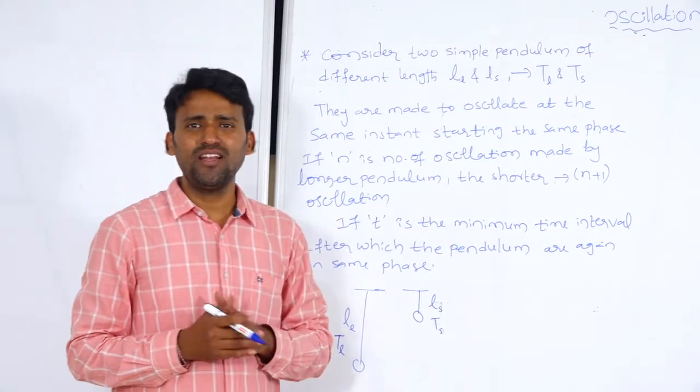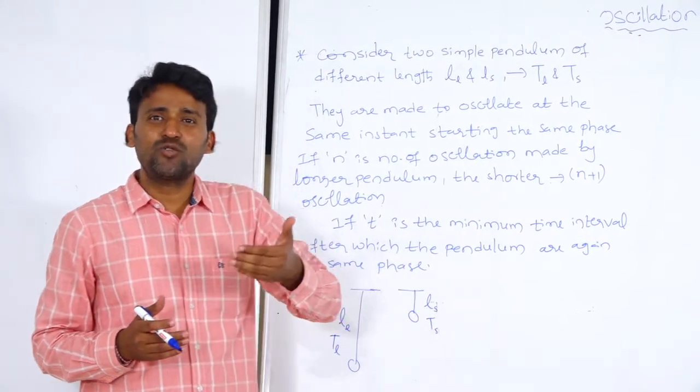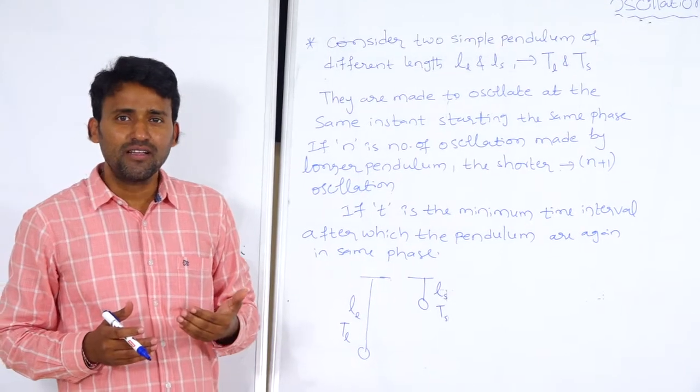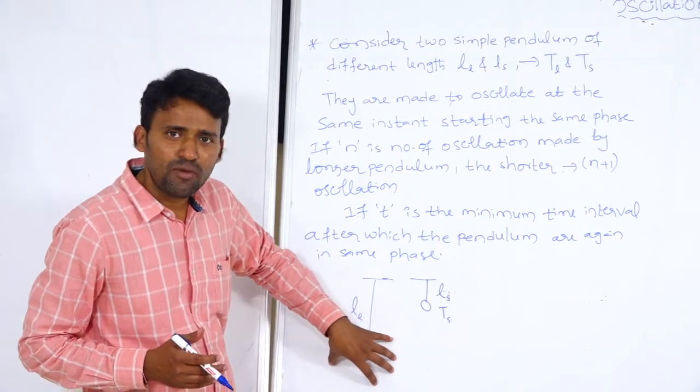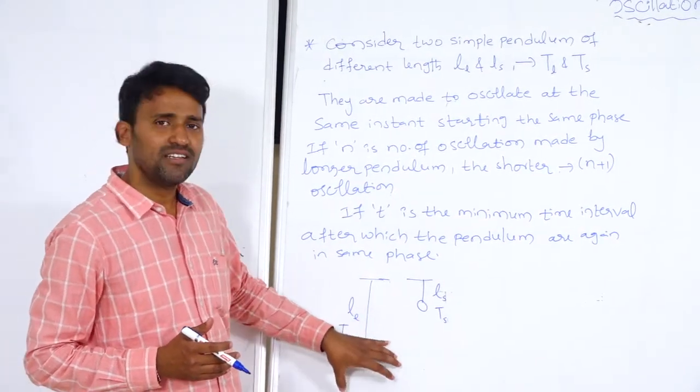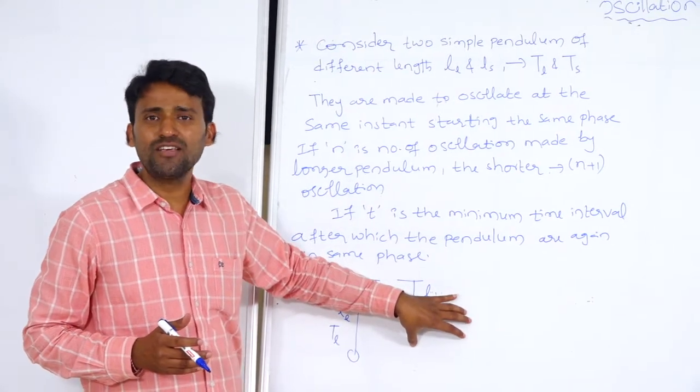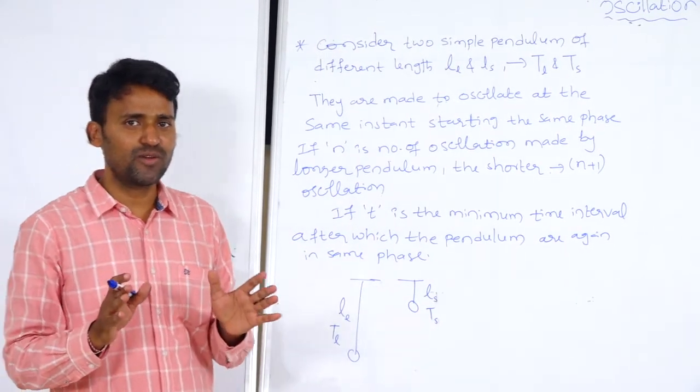After time interval t, both are again coming into the same phase, but the number of oscillations done by the longer pendulum is n and by the shorter pendulum is n plus 1. Remember, see the problem once again.